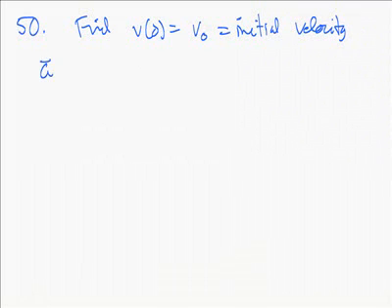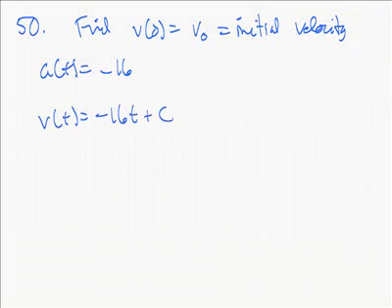So what we're told is that our acceleration is negative 16 feet per second squared, because we hit the brakes and we're decelerating. That means our velocity, which is the antiderivative of acceleration, is going to be negative 16t plus some constant. Now, what is that constant equal to?